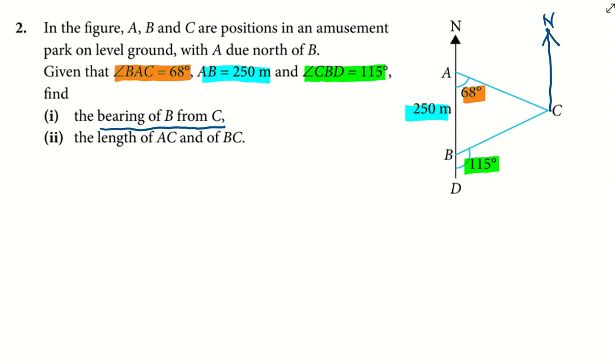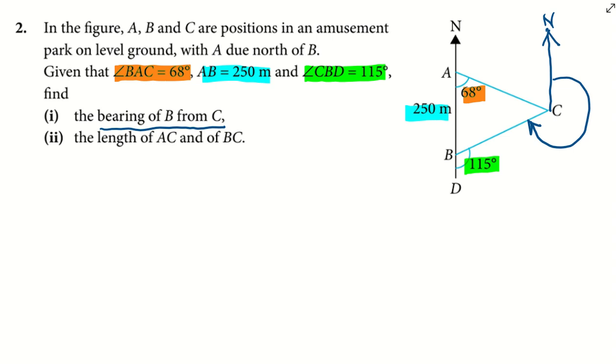And take note, all bearings must be in clockwise direction from the north line. So from the north line, I will draw in clockwise direction. So this is the angle for which I need to find the bearing.